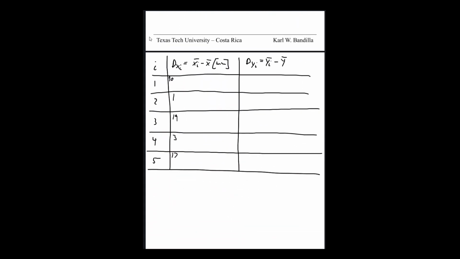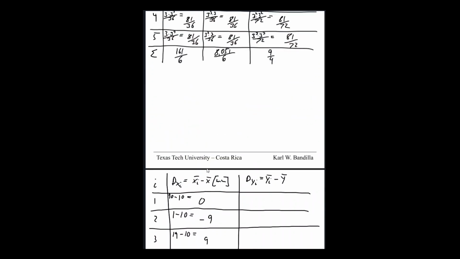And my x bar was 10. 10 minus 10 equals 0, 1 minus 10 equals minus 9, 19 minus 10 equals 9, 3 minus 10 equals minus 7, 17 minus 10 equals 7.